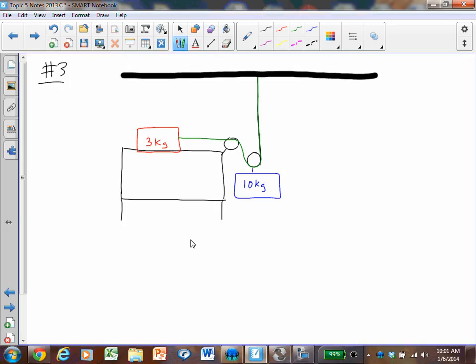So the rope is around here, and it's connected to this one. It goes around the pulley to that. So when we let it go, the 10 kilogram block is going to move down, and the 3 kilogram block is going to move over. And it's not in equilibrium. It's going to accelerate until the 3 kilogram block knocks the pulley down and collapses.